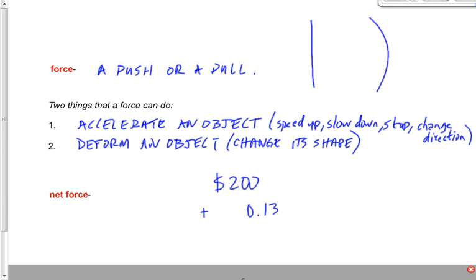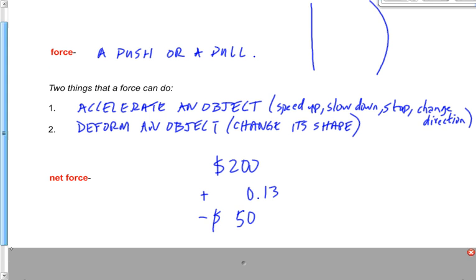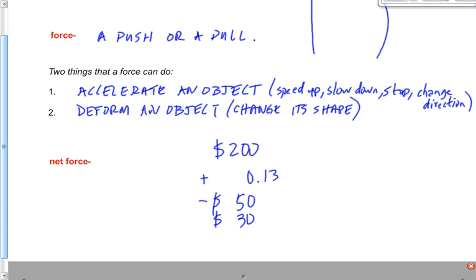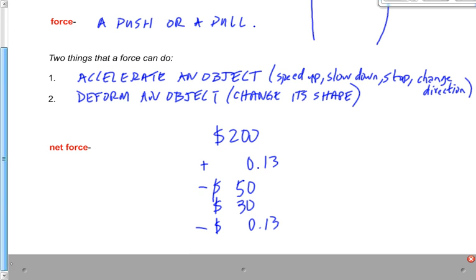But then they take off another $50 in taxes. And then they take off another $30 for pension. And then they take off 13 cents because they realize they gave the bonus to the wrong person for being so good. And then they take off a little bit for health insurance and all that kind of stuff.